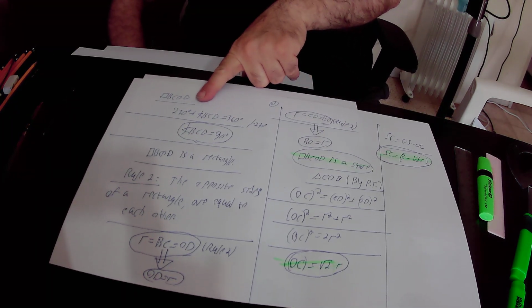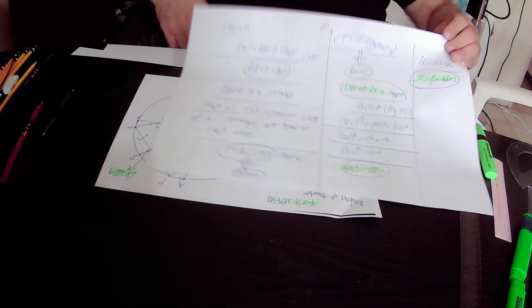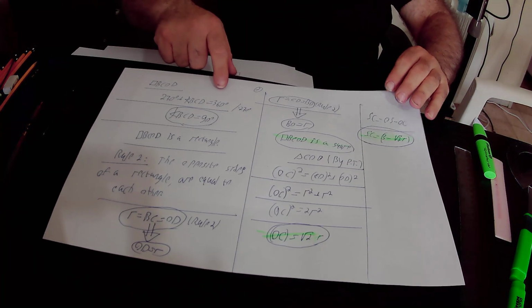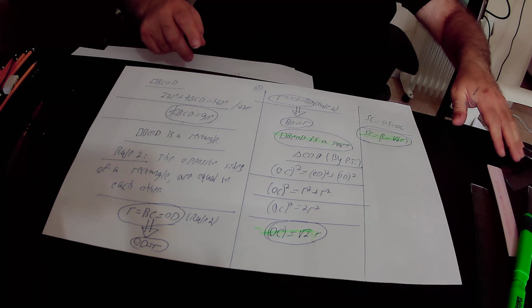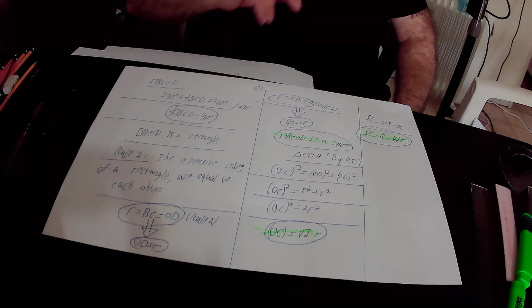The sum of 3 right angles is 90 times 3, which is 270 degrees, plus the size of the 4th angle, that is angle BCD. In total, the sum of those 4 angles must be equal to 360 degrees, according to the rule that the sum of the angles in any quadrilateral is equal to 360 degrees.